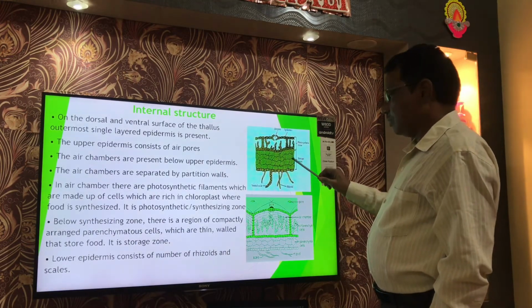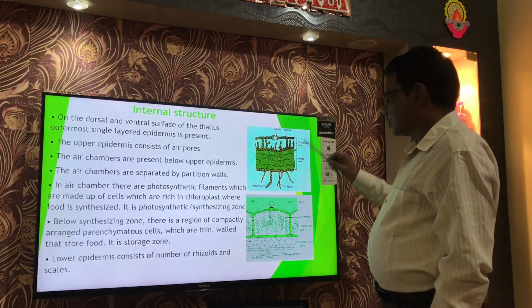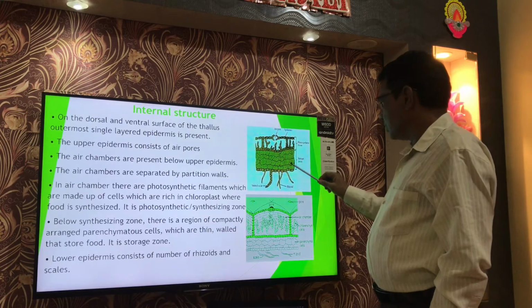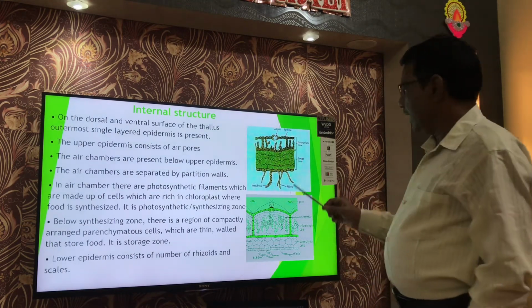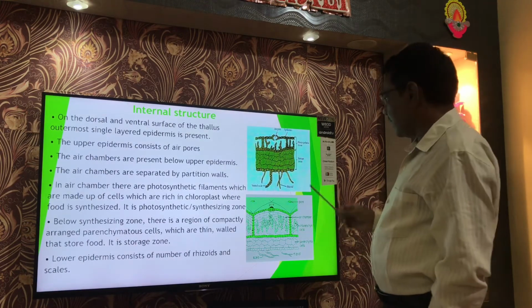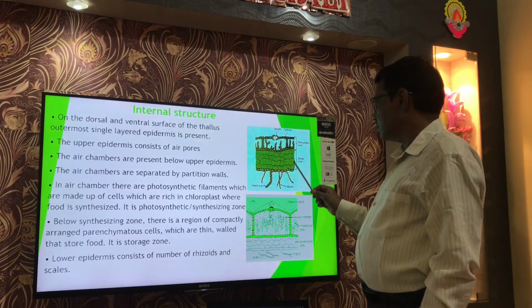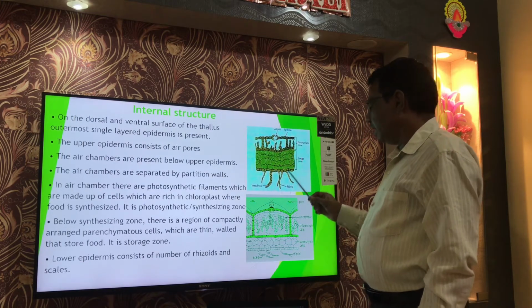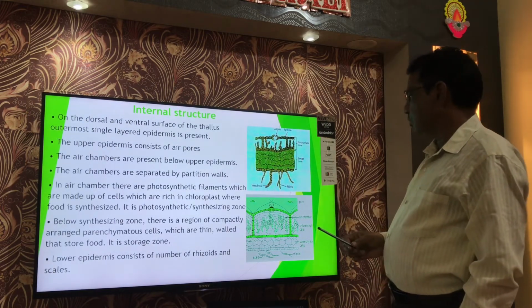Then just below this photosynthetic zone is a storage zone. The cells of this storage zone are comparatively compactly placed, thin walled, and no doubt parenchymatous. But the characteristic feature of these cells is that they contain an abundant amount of starch, that is reserve food.